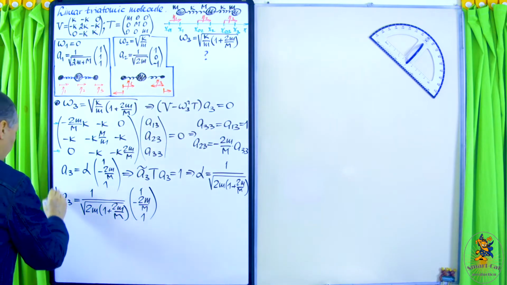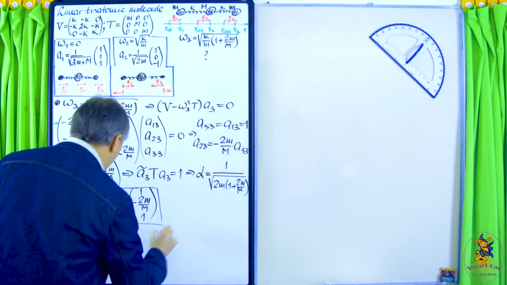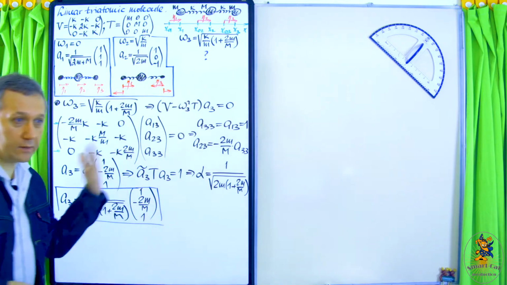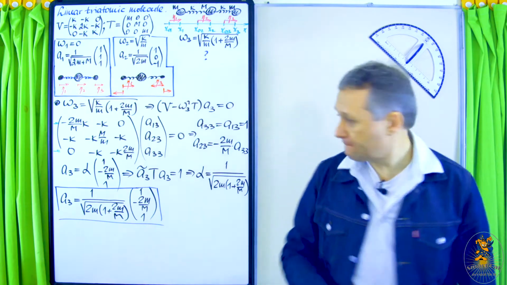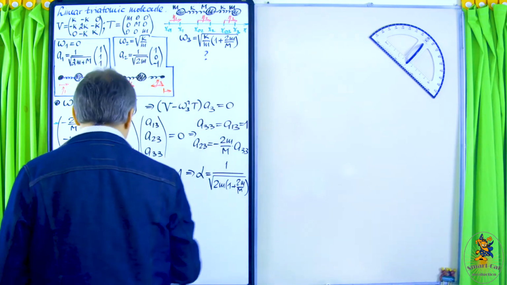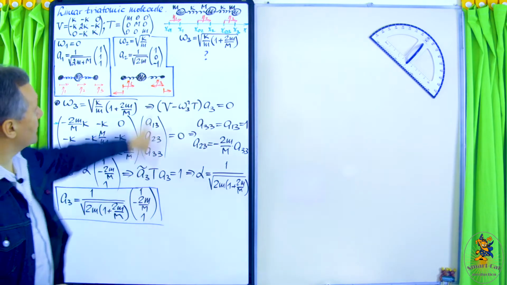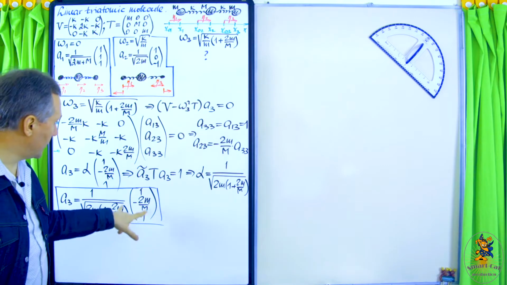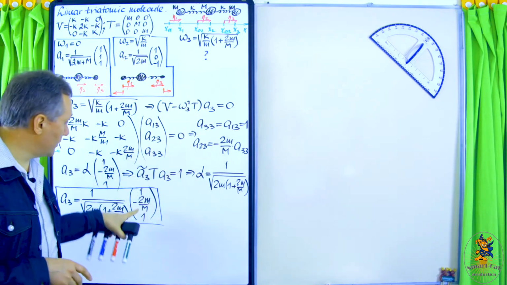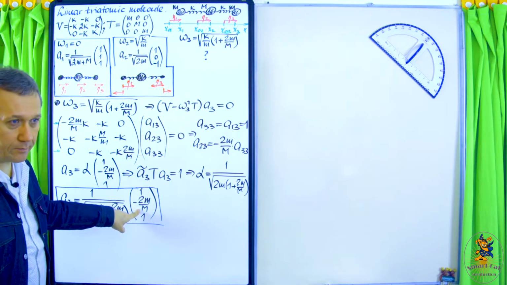Okay, so I need to frame it. And so now, again, let's sketch this mode. Now we can see that the outer masses move in phase, in unison, right? And the middle mass is out of phase, but with different amplitude.